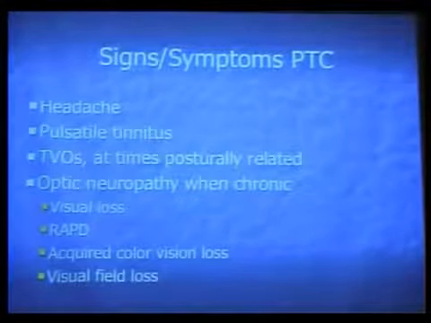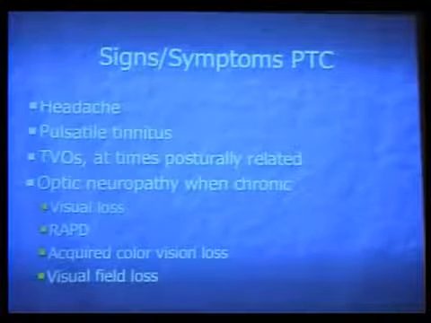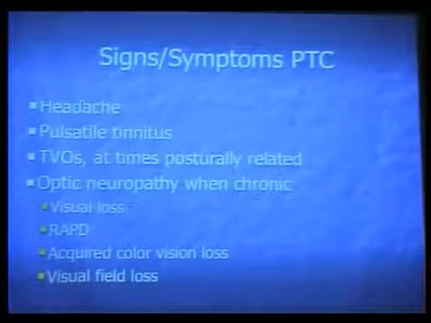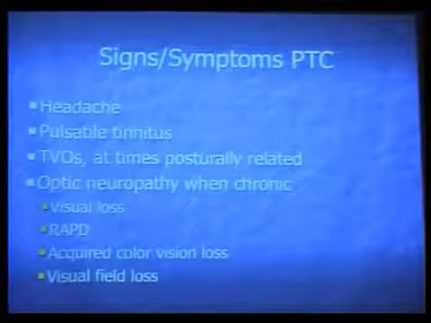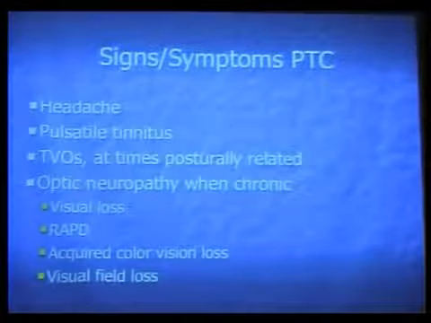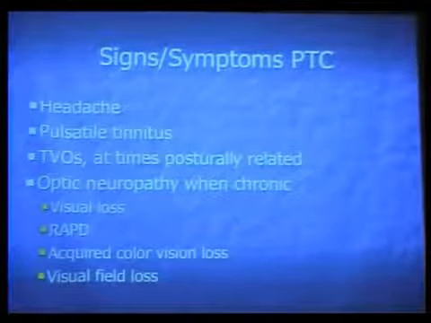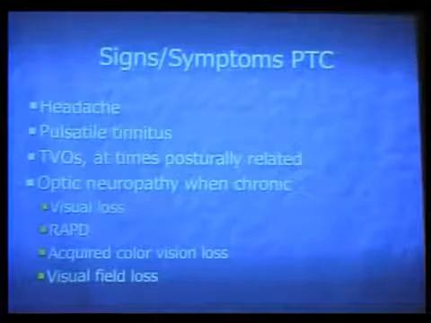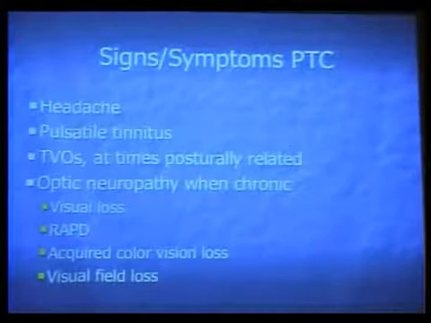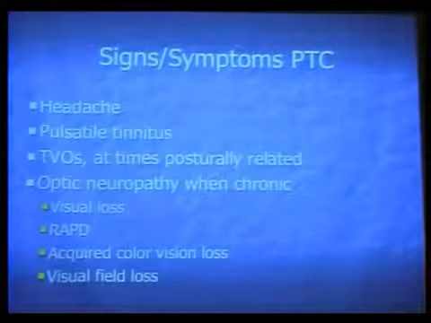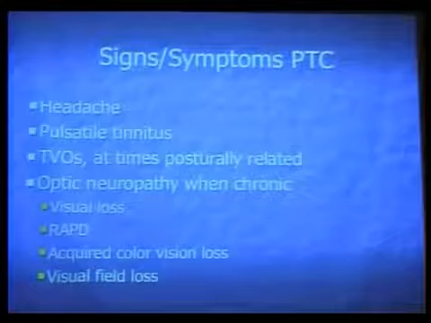Now, what are the signs and symptoms of pseudotumor cerebri? Headache is usually, but not invariably, present, and I have been impressed at how some people just have no headaches, and very few of the people that I see have terrible headaches. The people that I've seen that have the worst headaches are the young kids who are on minocycline, and I think it's because they develop a more rapid rise in their intracranial pressure.